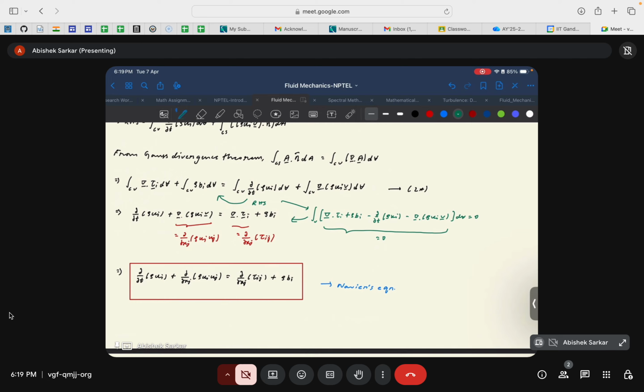When we apply the Navier-Stokes equation, there are certain assumptions which we have to apply on this Navier's equation to obtain the final form. Even though the Navier-Stokes equation is the much celebrated equation, the cornerstone of the fluid mechanics subject, which is indeed true, it's not the most generalized form of the momentum conservation equation.